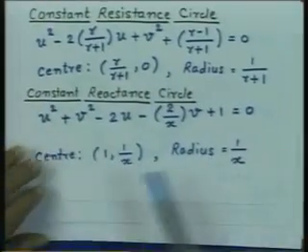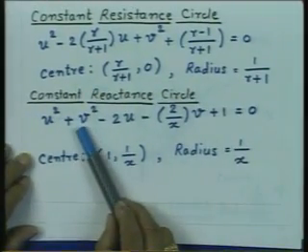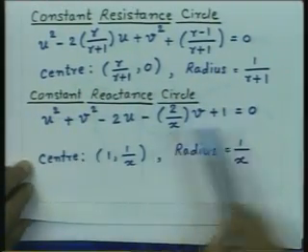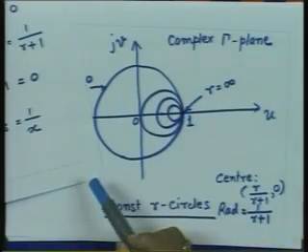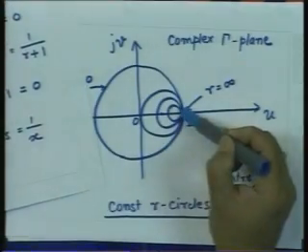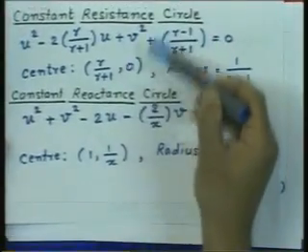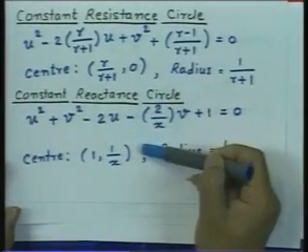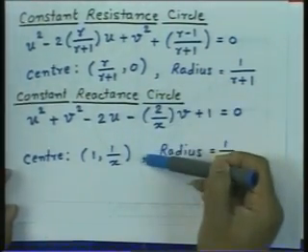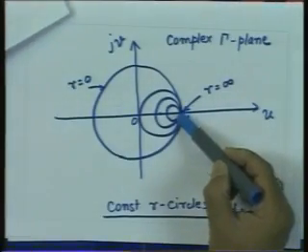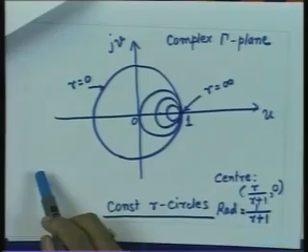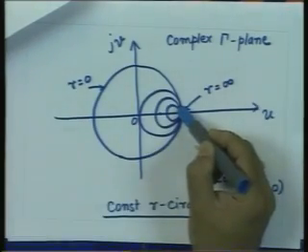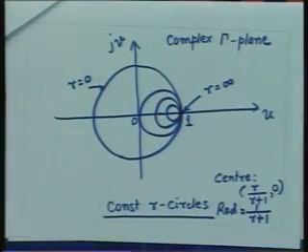Similarly, even these circles which are constant reactance circles also pass through the same point u equal to 1, v equal to 0. So, this point is rather a special point, because both the sets of curves, whether you take constant resistance circles or constant reactance circles, pass through this special point. So, u equal to 1, v equal to 0 is the location through which the circles essentially are going to pass.